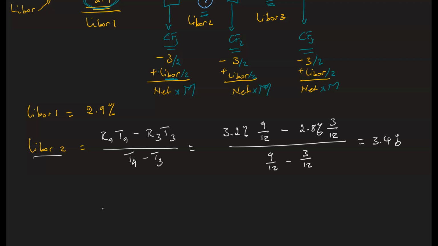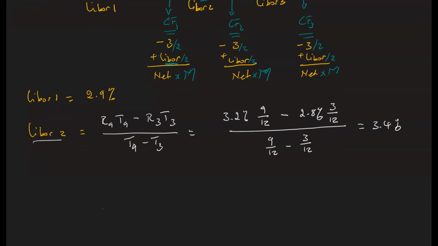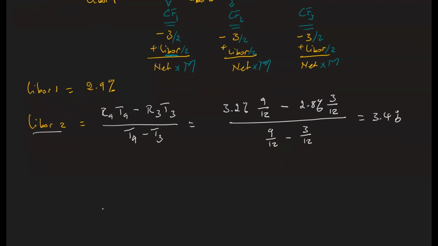But the 3.4% that I'm going to have here is going to be continuously compounded. How do I transform that to semi-annual compounding? You remember the expression: the rate of return with semi-annual compounding is equal to the number of compounding periods multiplied by the exponential of our continuously compounded rate divided by the number of compounding periods, minus 1.